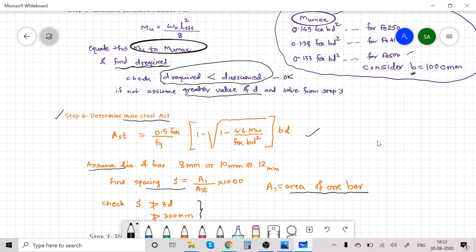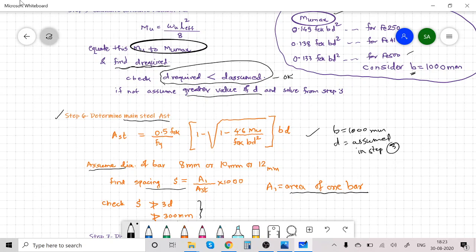Put the proper values of FCK, FY, Mu and B and D. Again, here B value you will consider as 1000 mm and D which is assumed in step number 3. D assumed in step number 3, not D required in step 3.